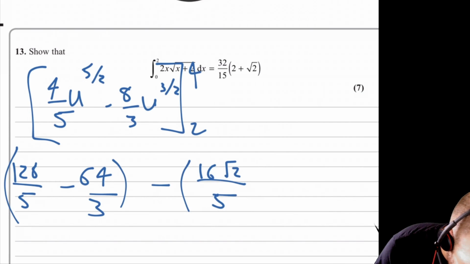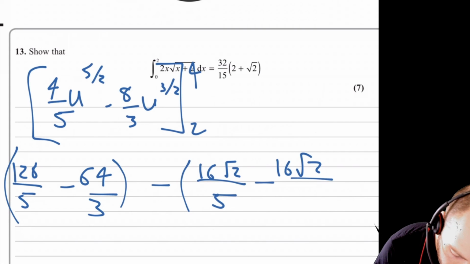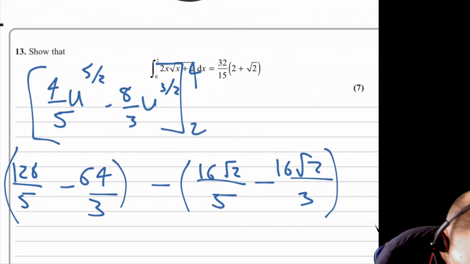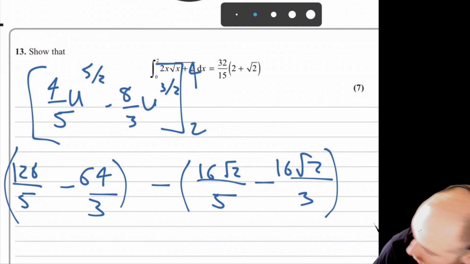Put 2 into the other one. 2 to the 1.5, which is 2 root 2, times 8 is 16 root 2 over 3. So we get those two. We can now just subtract those. So 128 over 5 take away 64 over 3 means 64 over 15.